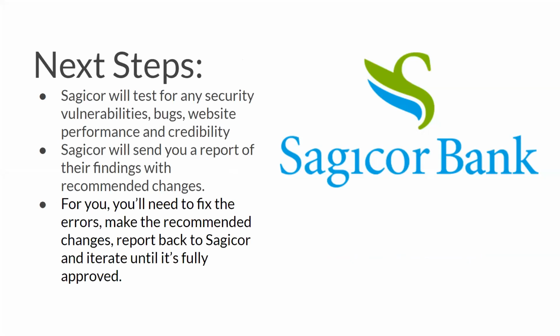Once they get that, they will run a couple of security vulnerability checks, check for any bugs, 404 errors on your site, and check for performance issues and credibility. Afterwards, they'll send you a report with their findings and some recommended changes.